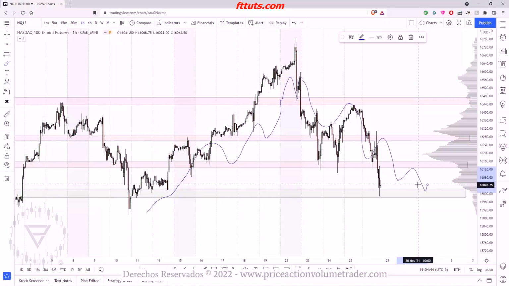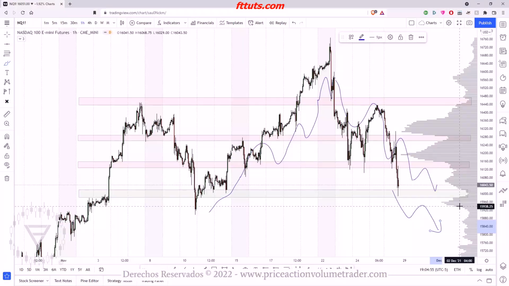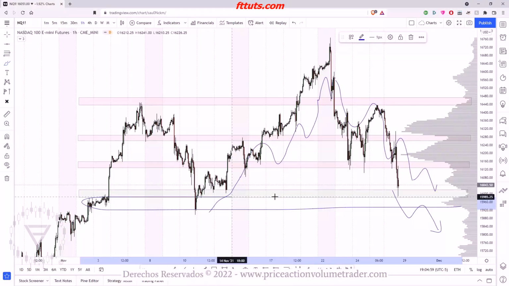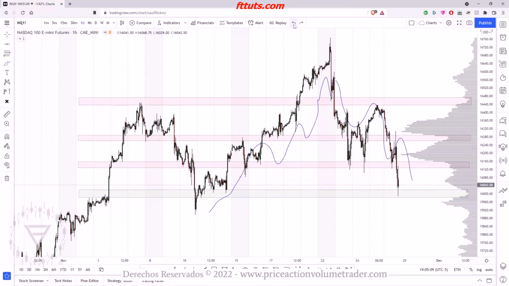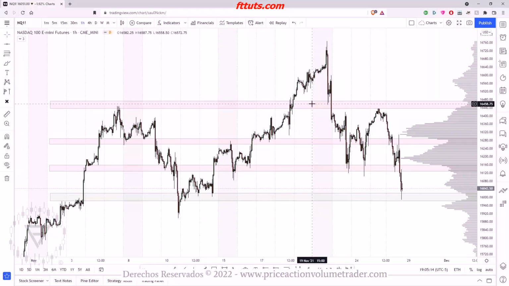pretty much right here. If we were going to lose this level, then I suspect we would just do something like this and then reject off of this edge here, which is right underneath this little cluster as well, and this previous support broken would now be resistance underneath, etc. So you can see how you can pretty much delineate the behavior of how you think price is going to go.